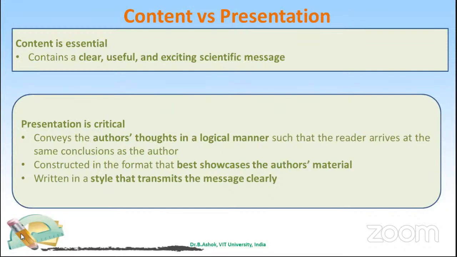Another important aspect is that while reading any paper for a literature survey, you should sometimes read that paper from the writer's point of view. As a reader you are reading, but read it from the writer's point of view. Why am I saying this?